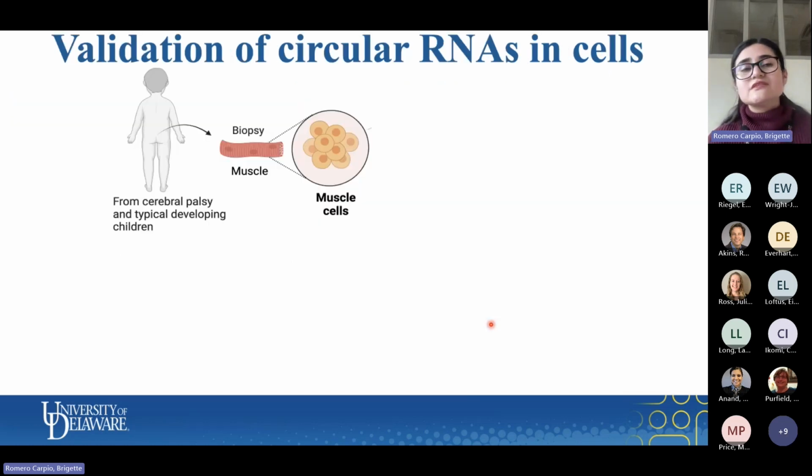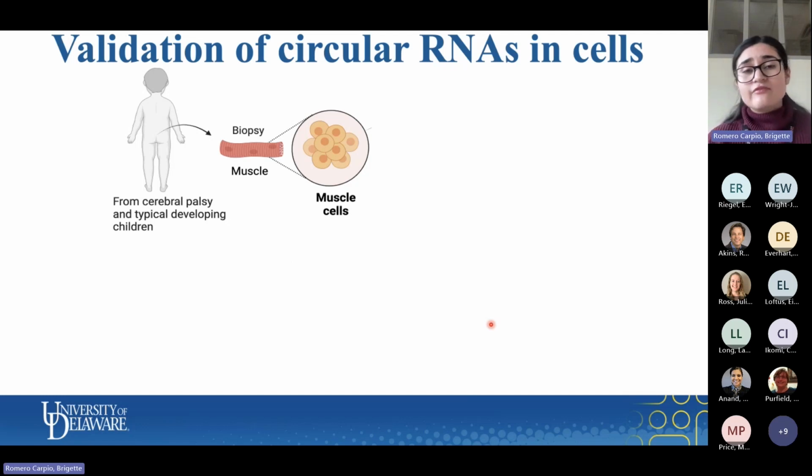For us, the first step was to validate circular RNAs in cells. For that, we obtained muscle samples from CP and typically developing children. We isolated satellite cell-derived myoblasts, grew them in the lab, and evaluated the expression of different circular RNAs.